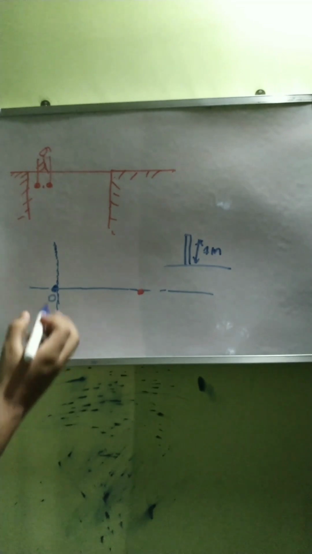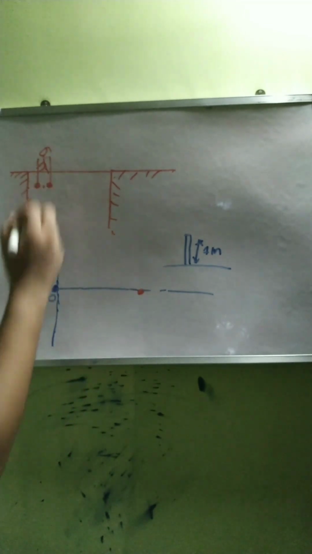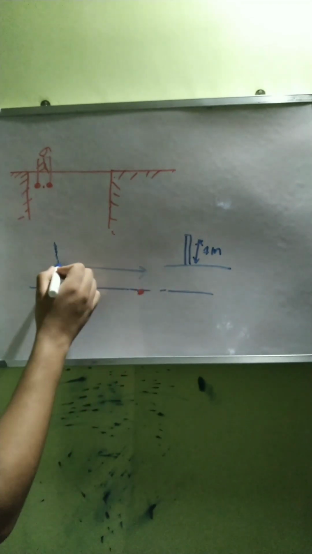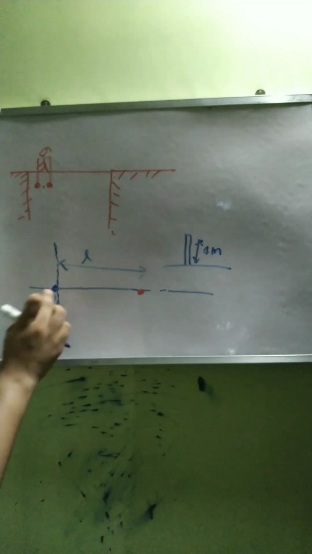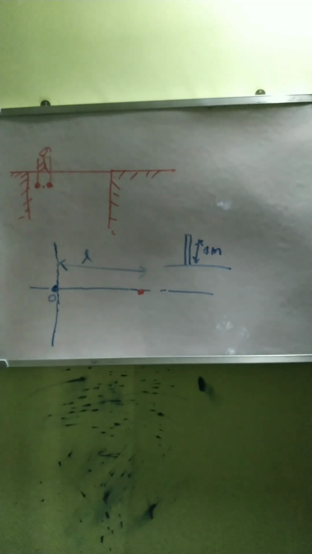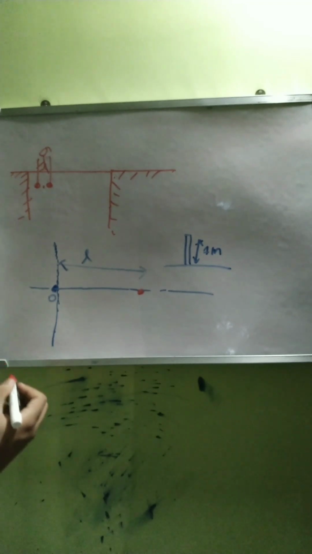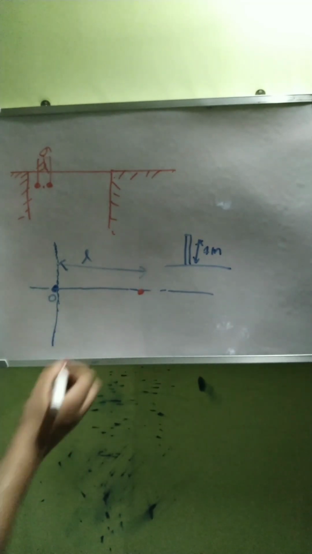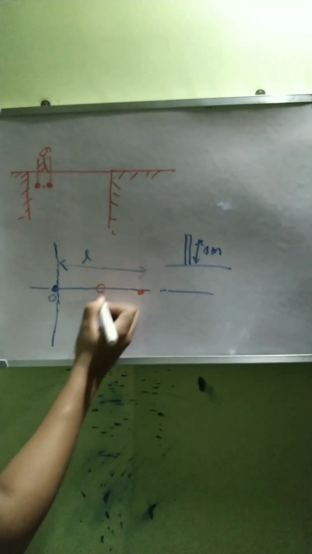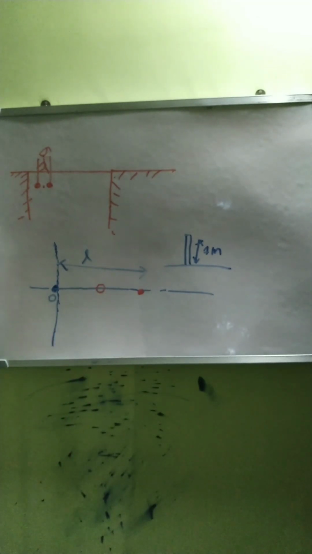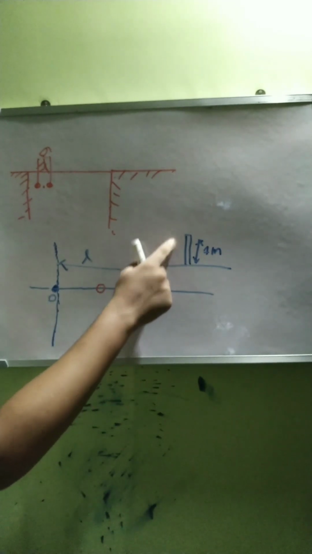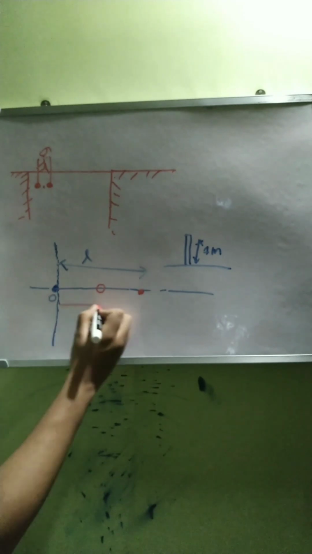Now, the center of mass of these two masses is present at a distance of, suppose, L from the center of mass of the man. And the center of mass of the whole system, I am presenting it with red, but not a filled circle. So the center of mass of the whole system is present at a distance of 1 meter from the center of mass of the man.